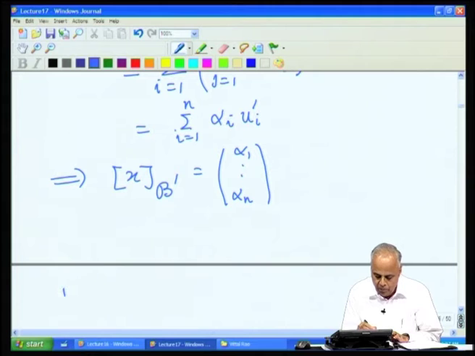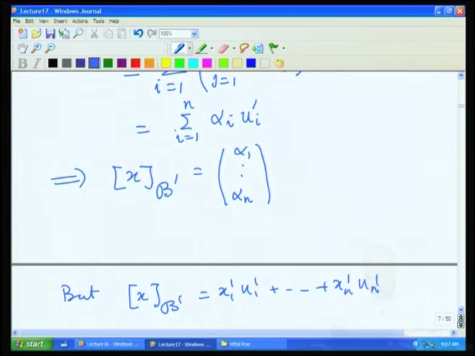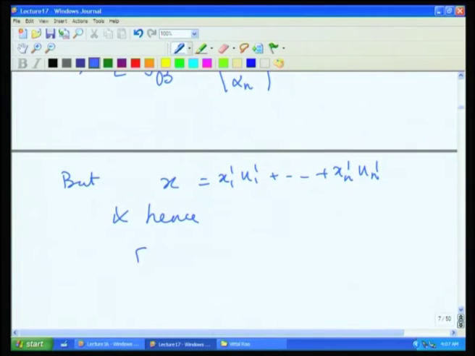But we know we have represented it as x1 prime u1 prime plus ... plus xn prime un prime. I am sorry, x, as we can use the notation, is equal to this, and hence x B prime must be x1 prime, ..., xn prime.